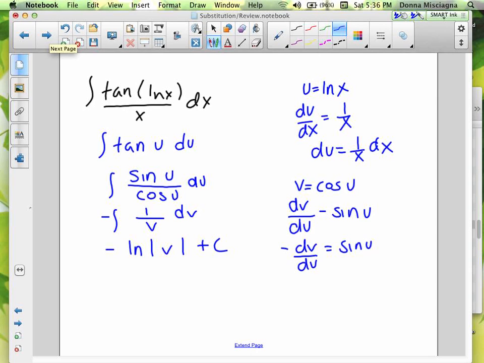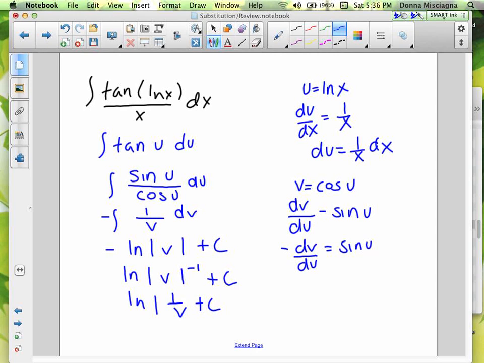I don't like that negative. Let's move it back. Move it up using the power rule. Natural log v to the negative 1 power plus c. So that's going to become 1 over v.